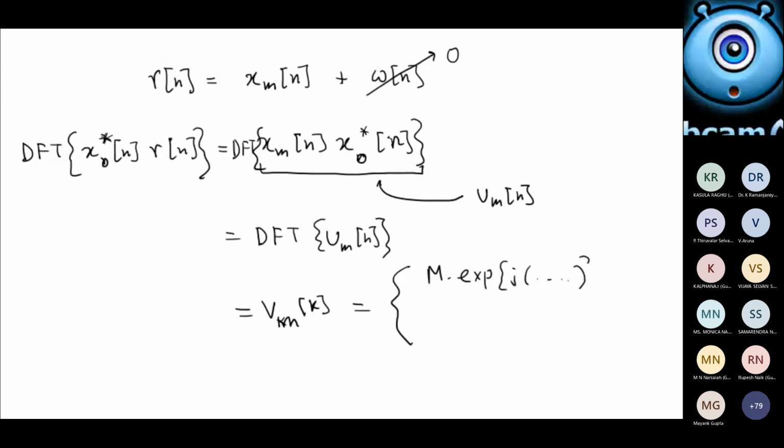I'm skipping the terms inside. V of m, k is a non-zero value if k is equal to m and 0 otherwise.